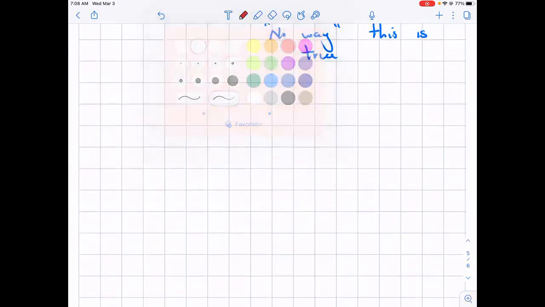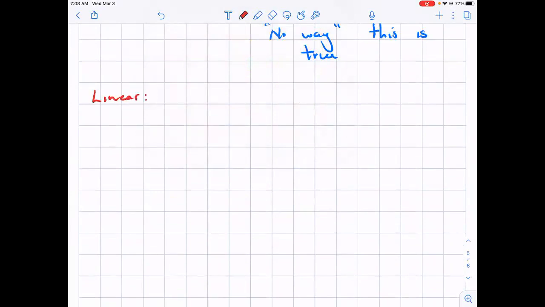The first types of equation I will look at are linear and rational equations.